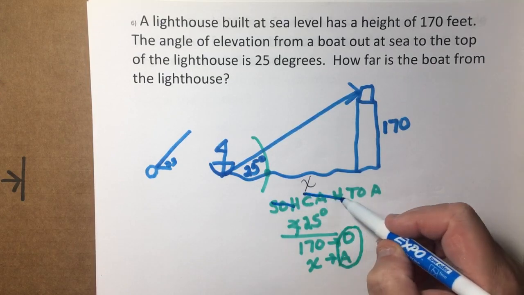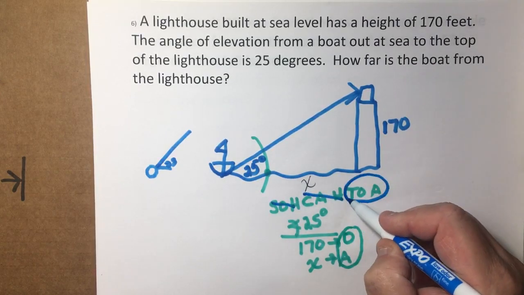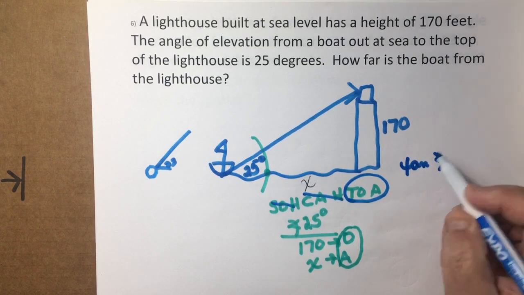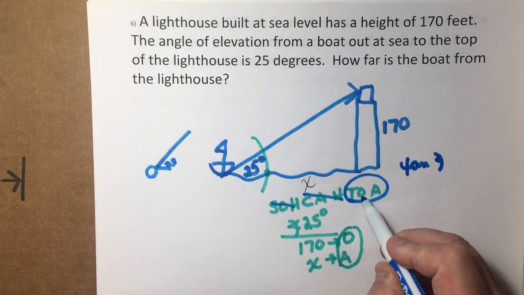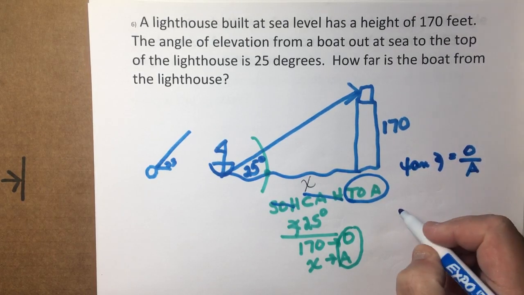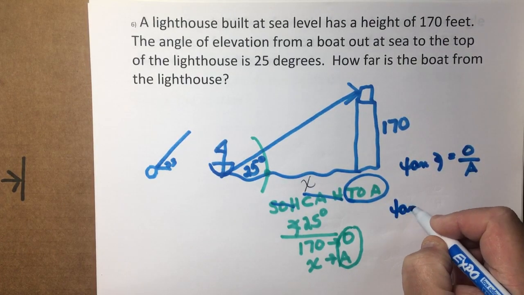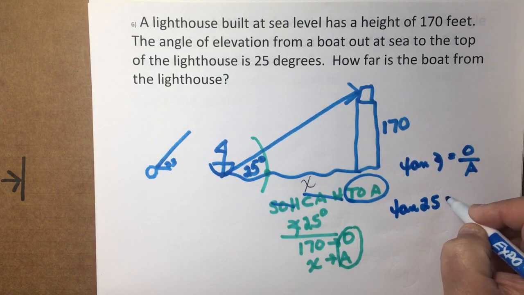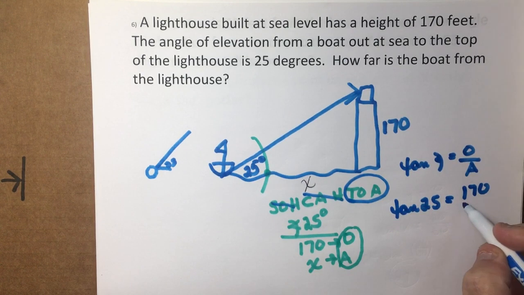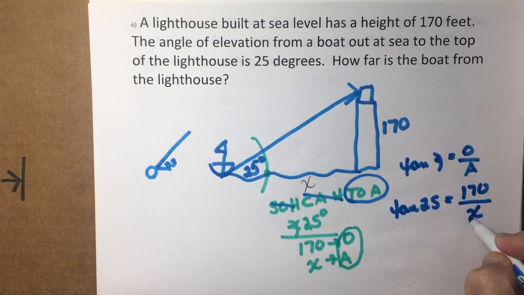Cosine is A and H, but tangent is O and A. The tangent of an angle, go by the spelling here, is the opposite over the adjacent. The tangent of 25 is the opposite, 170, over the adjacent, X.